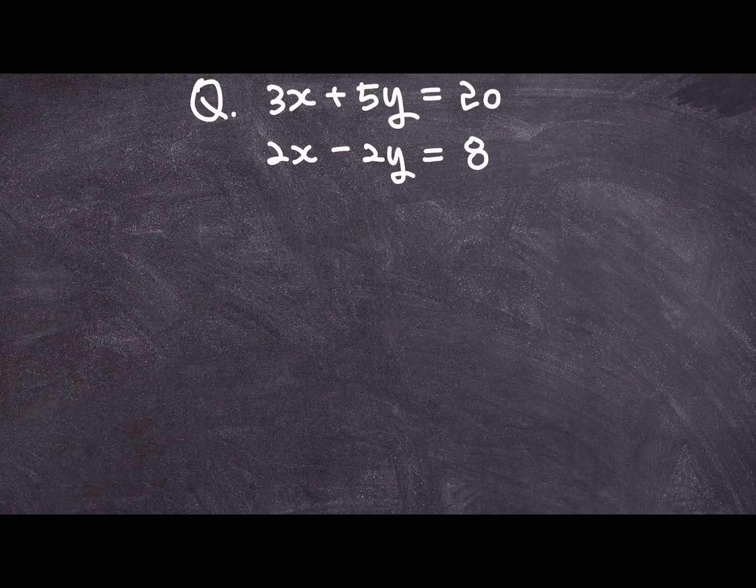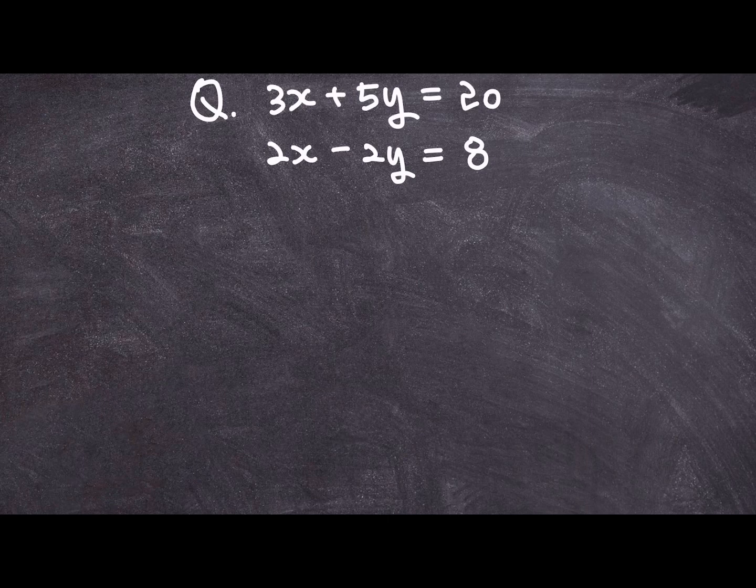Now, in order to eliminate x or y, you need to come up with a number to multiply to your equations or equation so that you can make coefficient of x or coefficient of y equal to each other, so you can eliminate by adding or subtracting one equation from another. So let me show you what I mean by that.